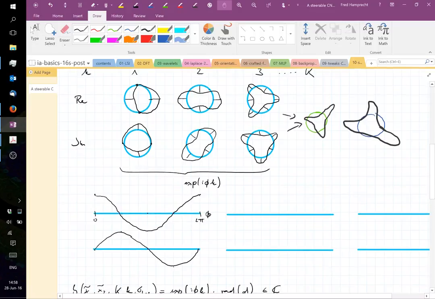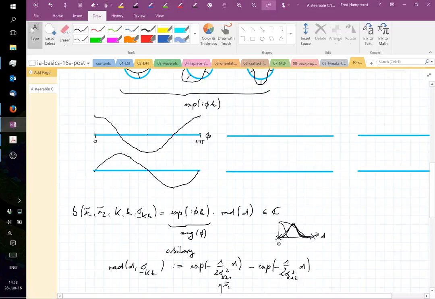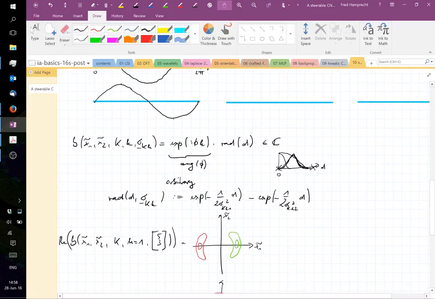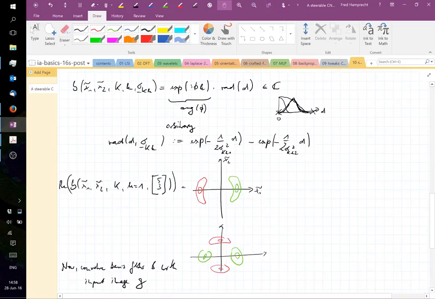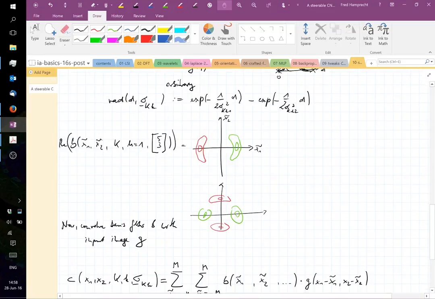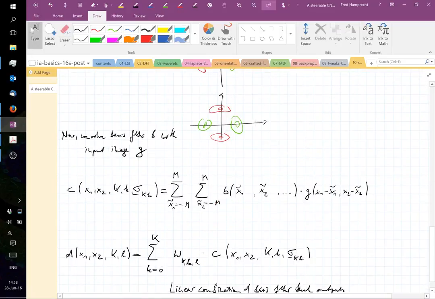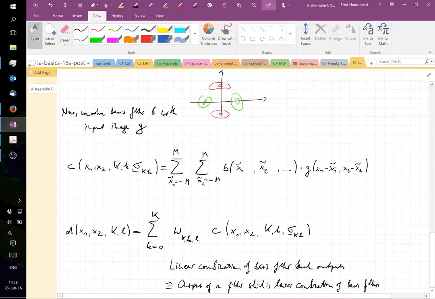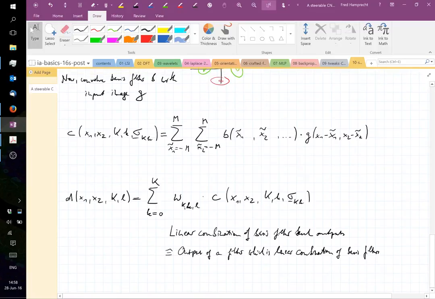Okay, so far so good, except that this whole business is not yet steerable. We have created some basis filters. We have convolved them with the input image, which gave me C, and I have now linearly combined those filter bank outputs with these W's, but so far no steerability is guaranteed.